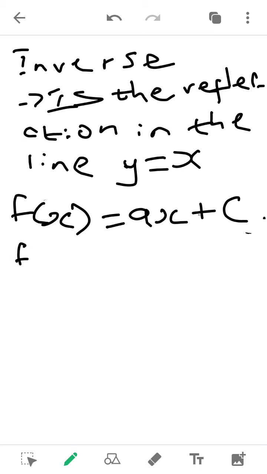Here comes the question: draw the graph of f of x and the inverse of f of x.